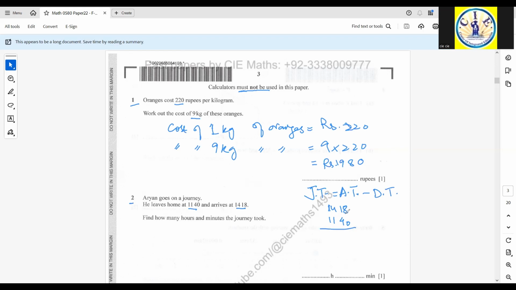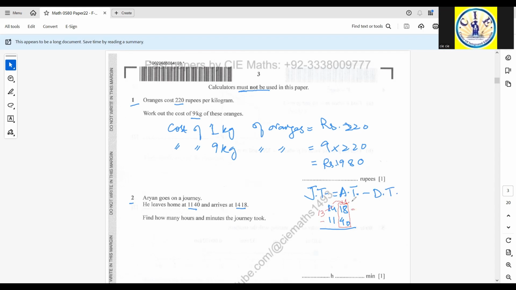Now you need to observe that this is the minutes column, and we are going to subtract 40 minutes from 18, which is not possible directly. So I'm going to borrow one from this 14 and include it here.